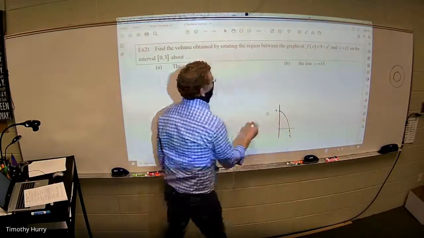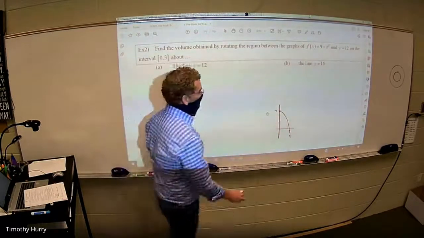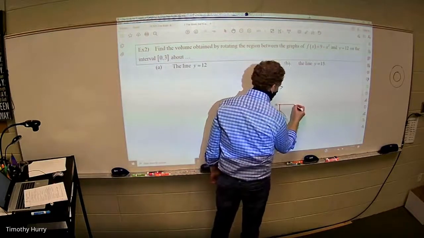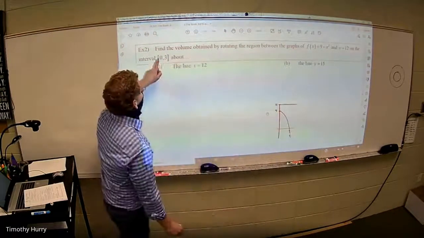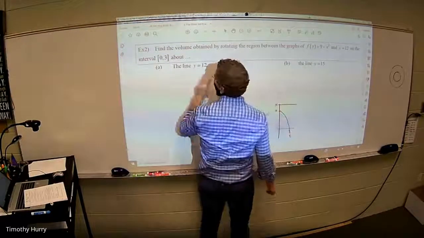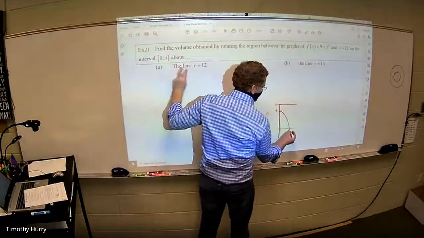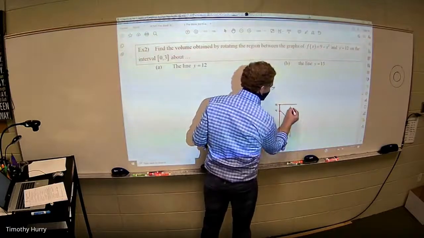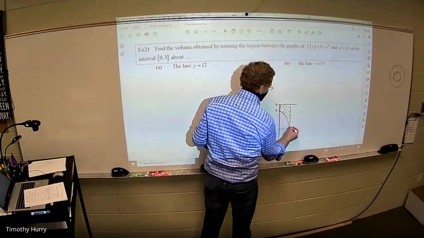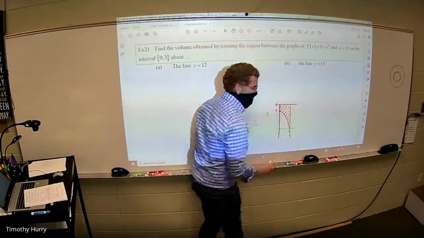And then it also says the line y equals 12. So here's y equals 12. It says the volume obtained by rotating the region between that graph and 0 and 3. So I guess I'm just rotating this region. Everybody with me?